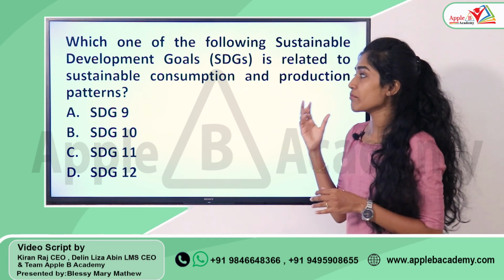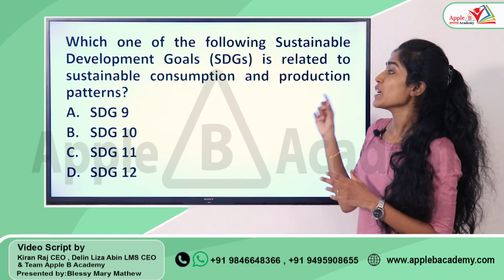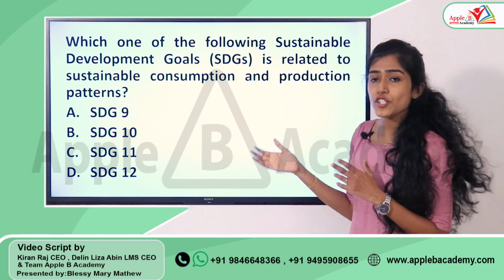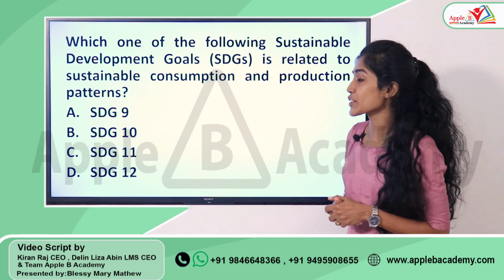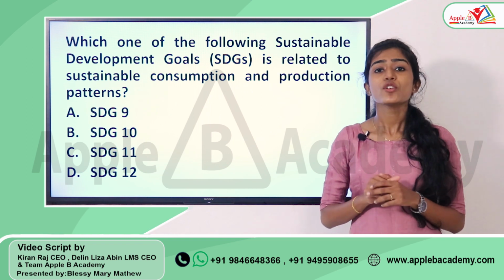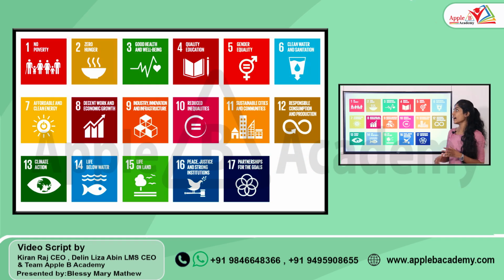This question asks us to find out which SDG is talking about sustainable consumption and production patterns. So in order to answer this question, what we need is a proper idea about the various Sustainable Development Goals.